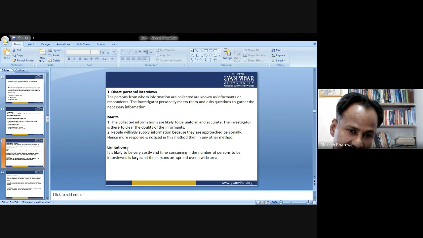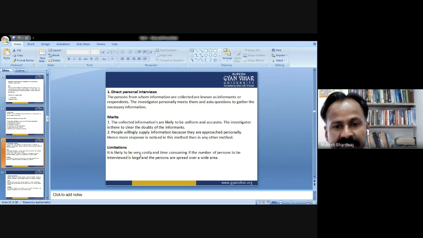Now the limitations. We cannot exactly say limitations; these are the demerits or disadvantages of the direct personal interview method for collecting data. It is likely to be very costly and time consuming.